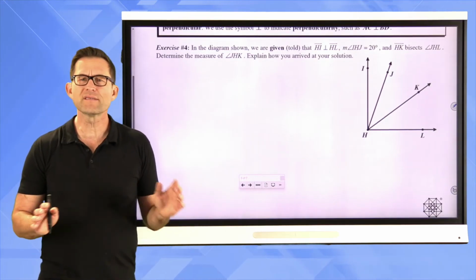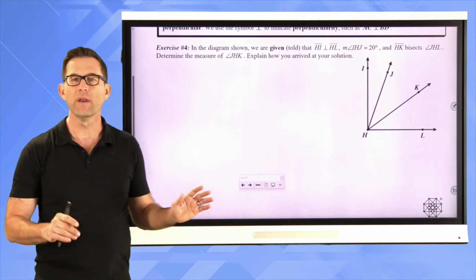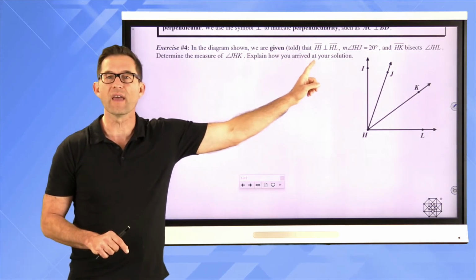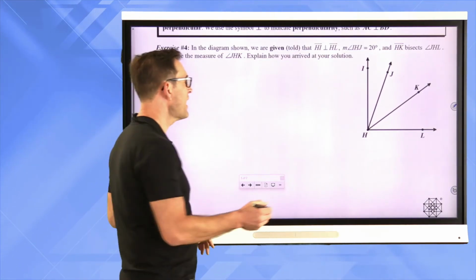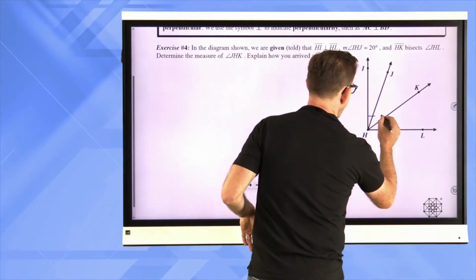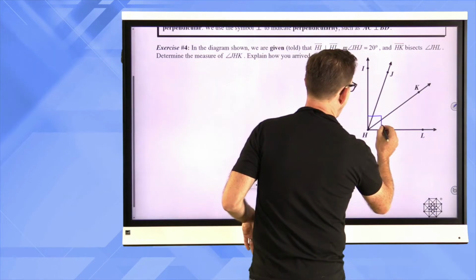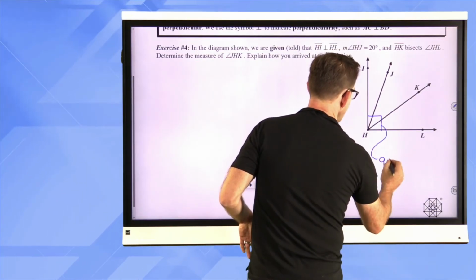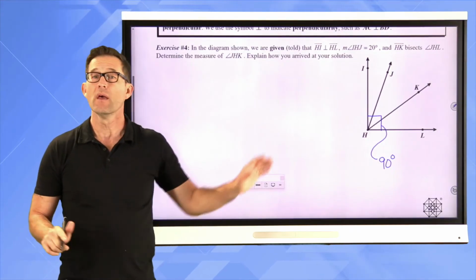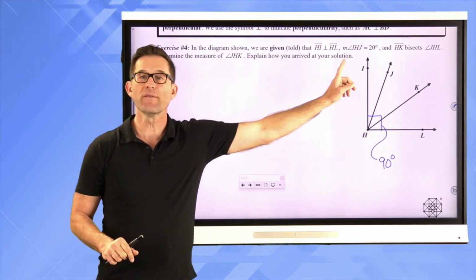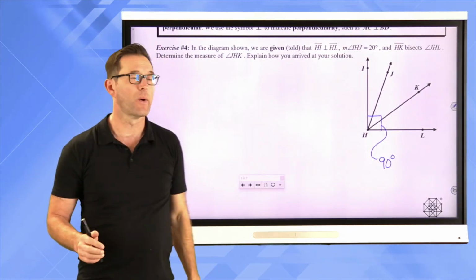All right, well, let's kind of distill it all down. What do we know? Well, the first thing that we know is HI is perpendicular to HL. And that tells me, using my right angle symbol, that that entire angle is equal to 90 degrees. All right, that's one thing I know. Now, another thing I know is that the measure of angle HIJ is 20 degrees.